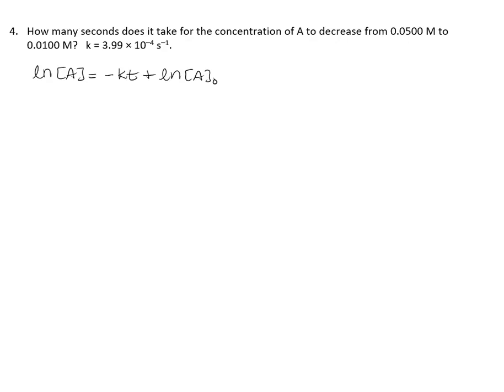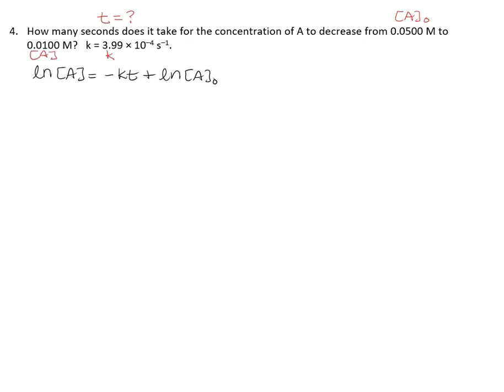The question reads, how many seconds, that's a time, that's what we're trying to calculate, does it take for the concentration of A to decrease from 0.0500, that's our A naught, that's where we're starting, to 0.0100. So the second concentration is A, and then K is K. We're trying to solve for time.